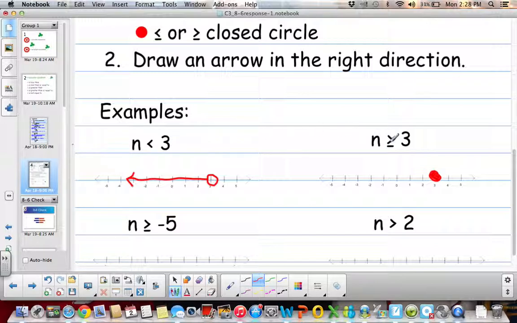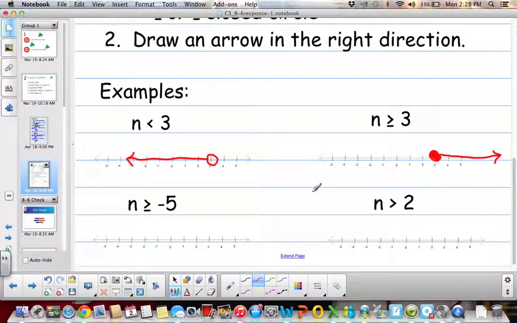But on this one, we can include 3 because it's greater than or equal to, and 3 equals 3. Then we're going to go this way. I can pick one number that is included in this line, like 10. 10 is greater than or equal to 3, so I know that I drew my line correctly.